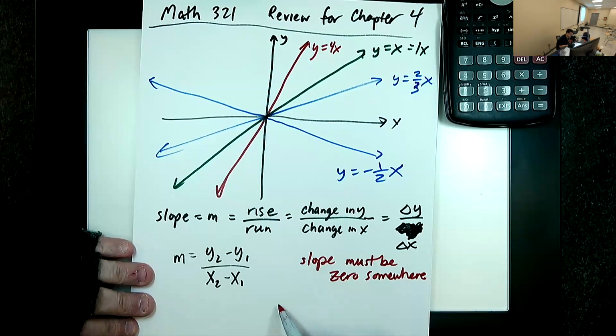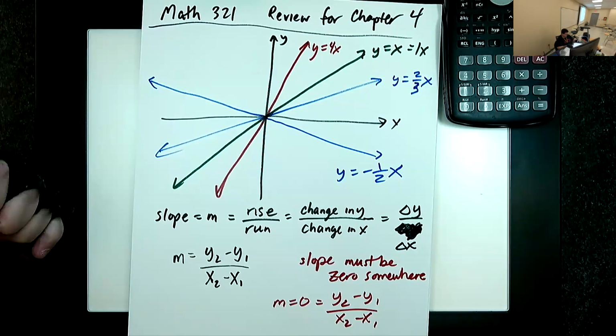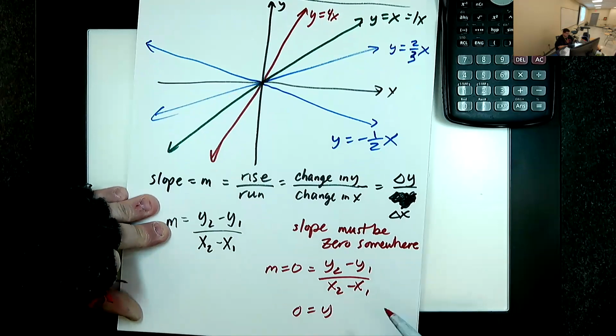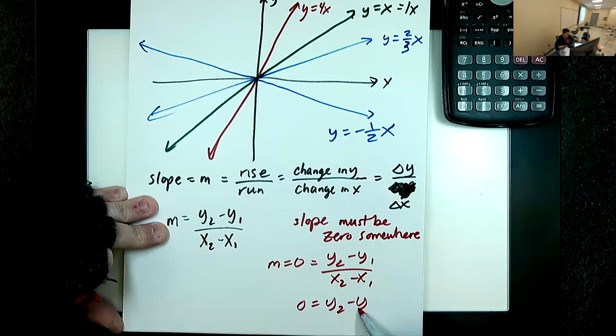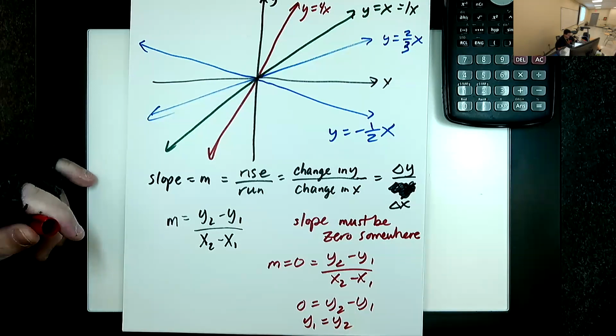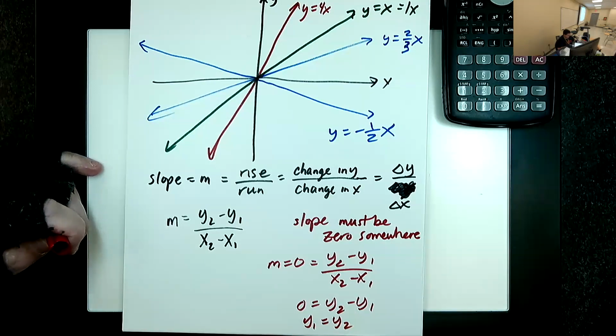So where does m equal 0? Fractions equal 0 when the top equals 0. 0 equals y2 minus y1. And if I add y1 to both sides, I get y1 equals y2. It's when the y values are the same.